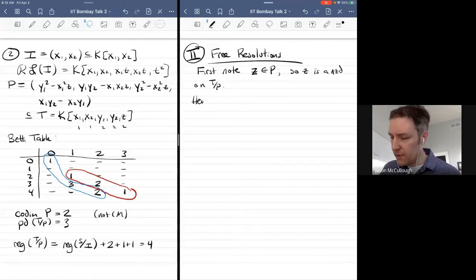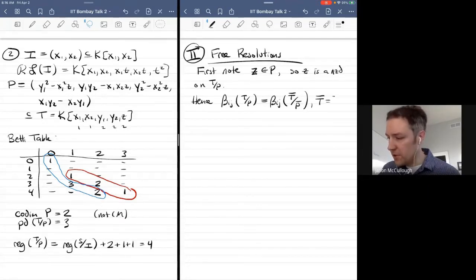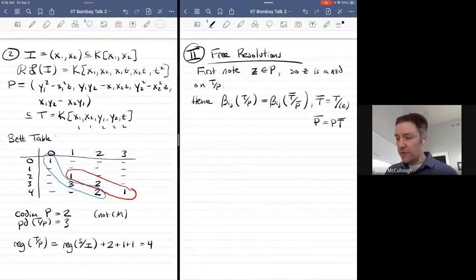And hence, the graded Betti numbers of the quotient T mod P are going to be the same as the graded Betti numbers of what I'll call T bar, P bar, where T bar is just the quotient where I kill z. And of course, P bar is the image of P in this quotient ring. So it suffices to study the graded Betti numbers after I mod out by z.